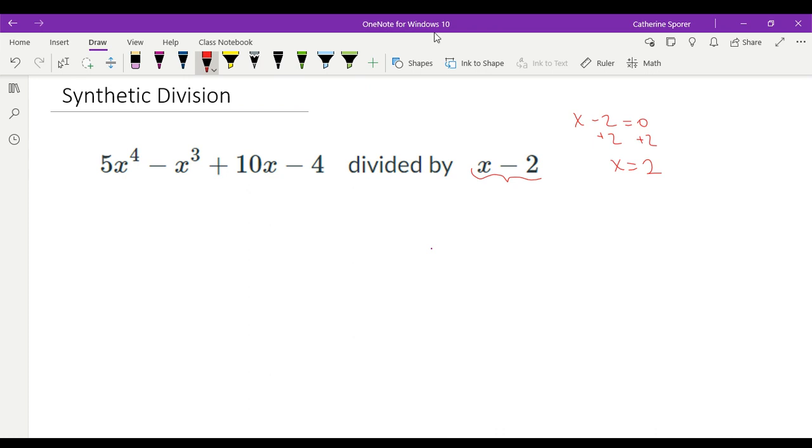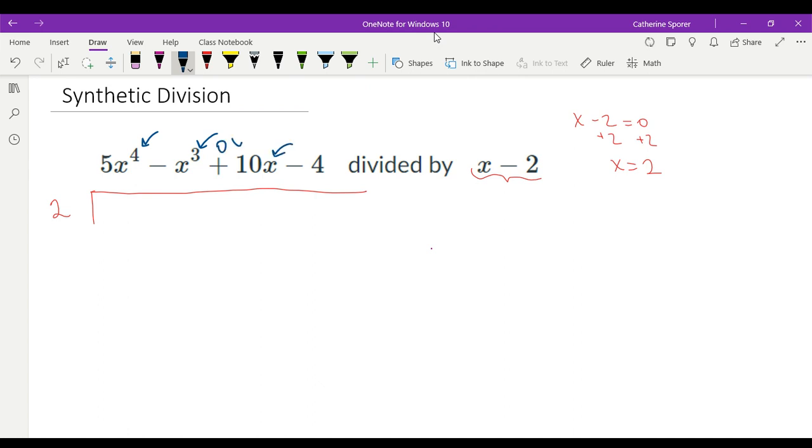Okay, we're going to put a 2 over in the top left of our division area, and then I'm going to set up a division bar. And under the division bar, we're going to put all the coefficients of the polynomial that we're dividing. But one thing we need to be careful of is if there's a missing term in the polynomial. So here we have an x to the fourth term, x to the third, and then we jump to an x term, so we're missing an x squared term.